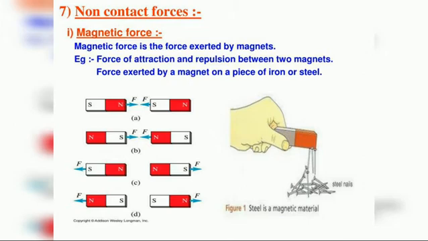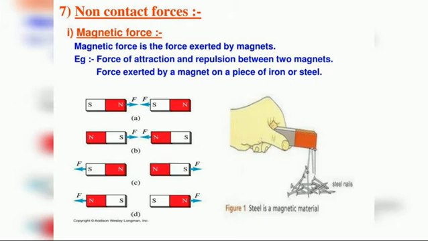Okay. The force exerted by a charged body on another charged or uncharged body is known as electrostatic force. It is nothing but the electrostatic force. For example, take a plastic comb and rub it in your hair, applying a little force, and bring it to a piece of paper.